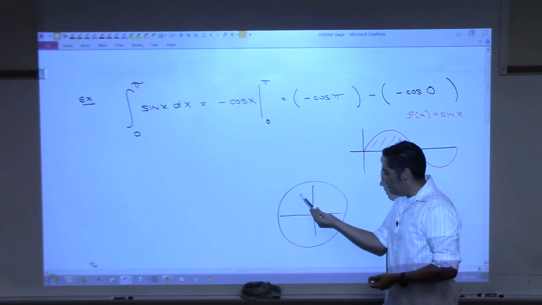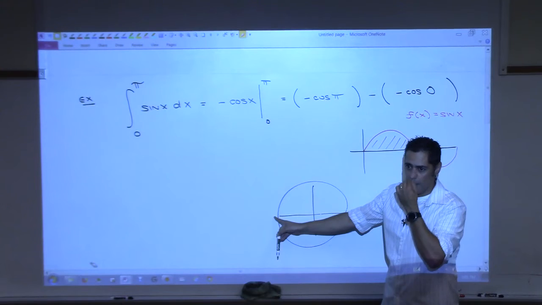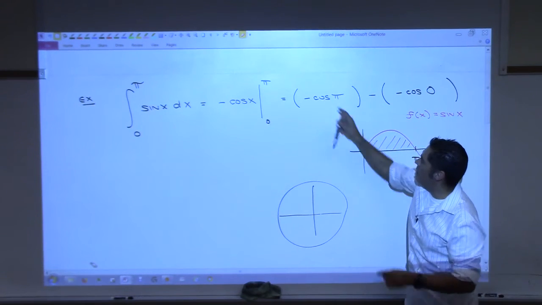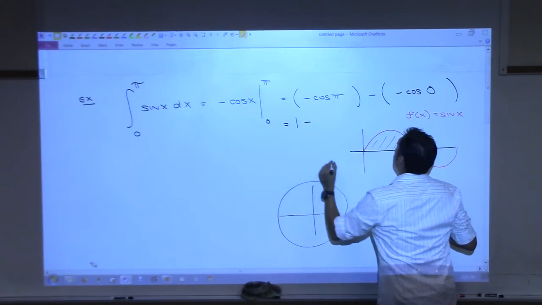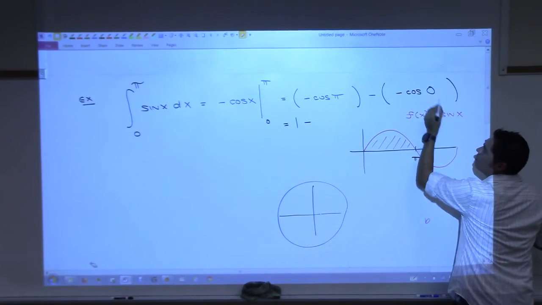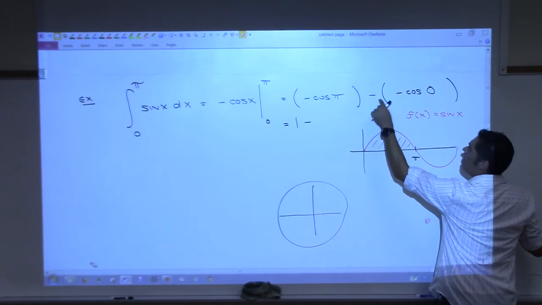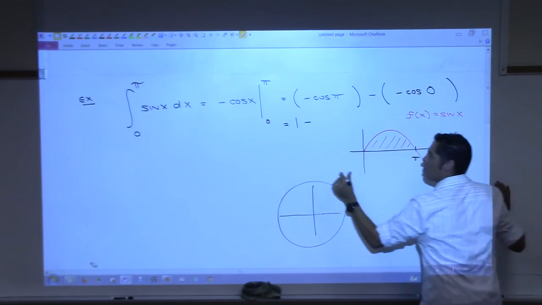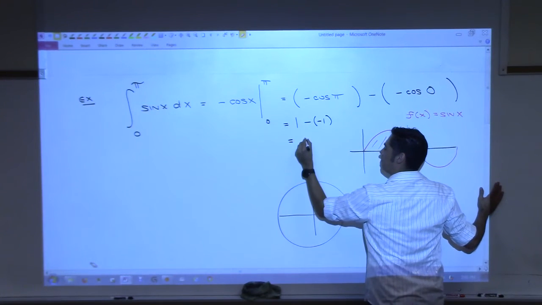And if you go to pi, you're over here, and the x-coordinate here is -1, right? So that's going to be negative -1, so that gives you 1. And then minus, let's see, cosine of 0 is 1, because now you're here. So this is minus -1, so plus 1. So the area is what?